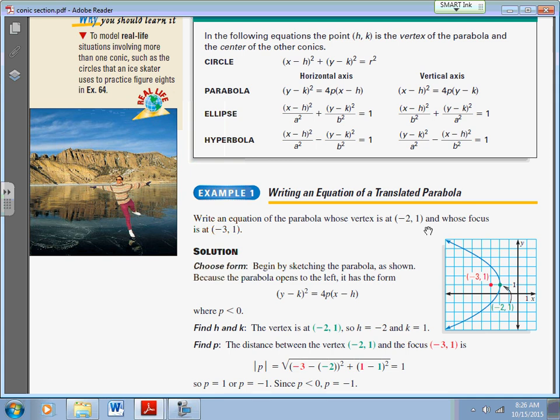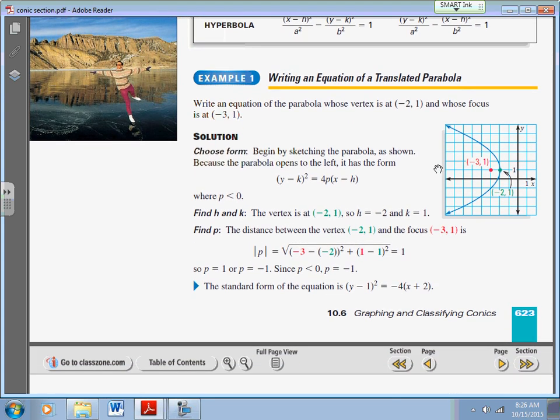Now, some of the problems we're going to practice are how to translate them. It says, write an equation of the parabola whose vertex is at (-2, 1) and whose focus is at (-3, 1). We're going to talk about some new terms too, called focus or foci.